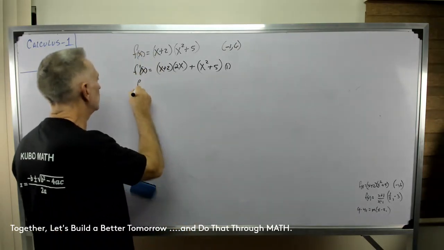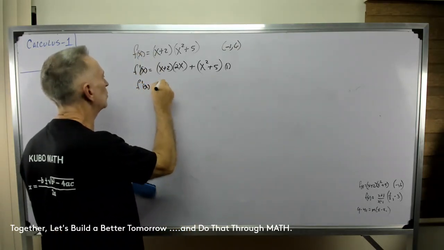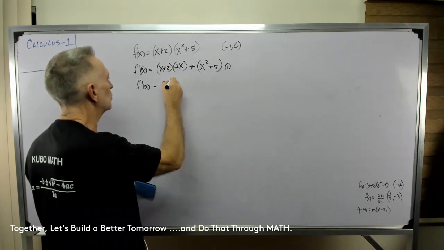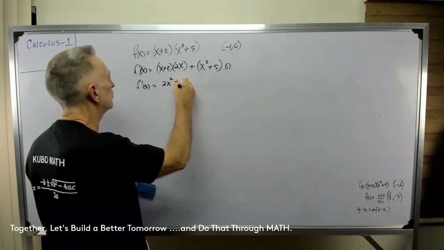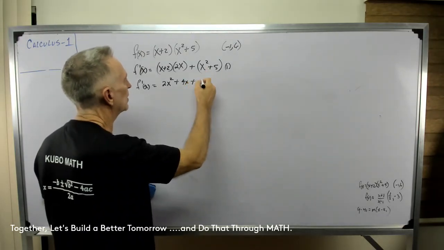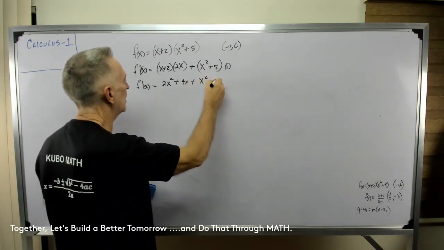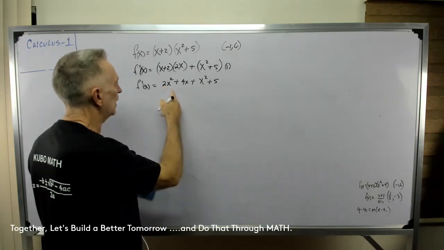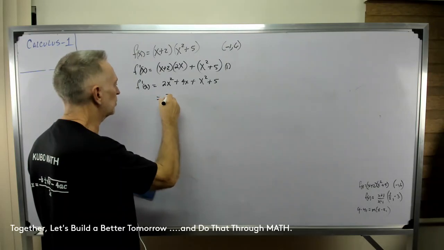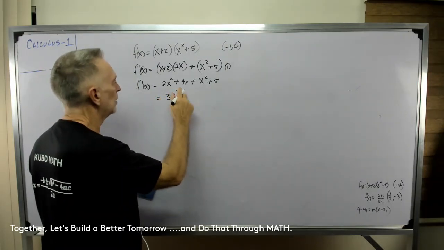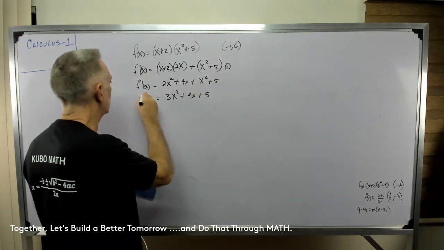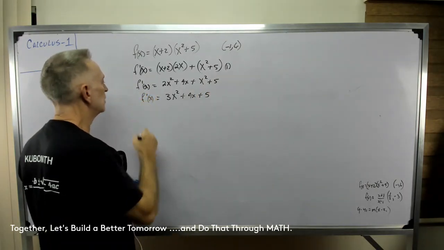So f prime of x equals 2x times x is 2x squared plus 4x plus, and this is 1 times this, x squared plus 5. So x squared plus 2x squared plus 1x squared gives me 3x squared plus 4x plus 5. And that's f prime of x.